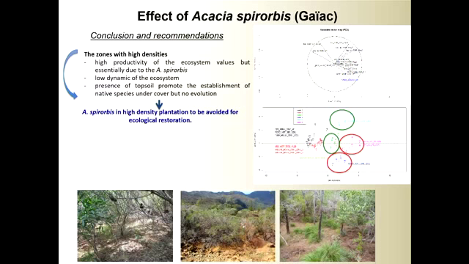On the other hand, the dynamics of the ecosystem is less favorable. Finally, the presence of topsoil promotes the establishment of native species under the cover of acacia, but the evolution of the system seems to be blocked.